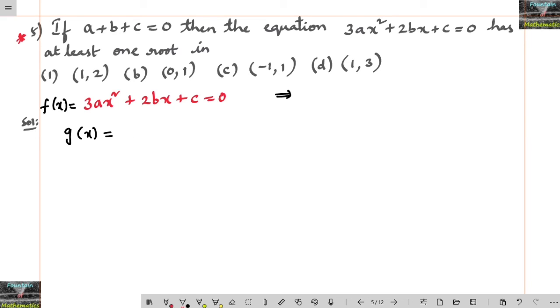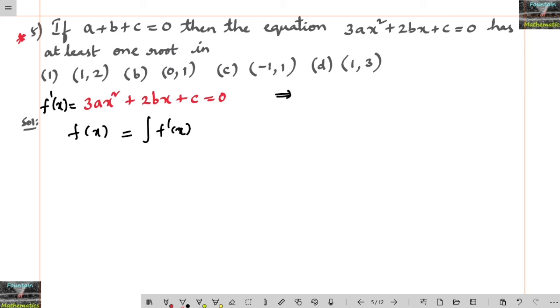Let me take only this as f dash x always. Now f of x can be written as the integral of f dash x.